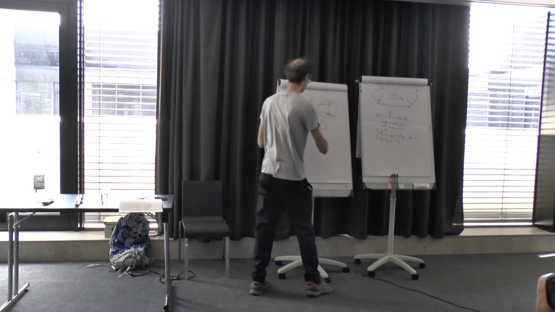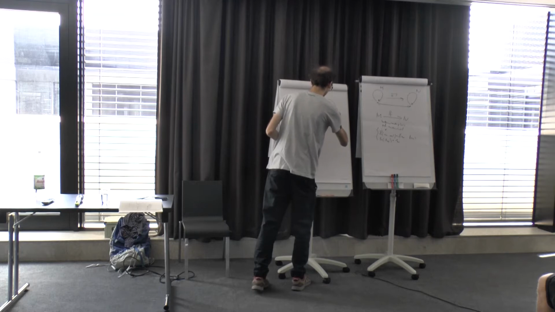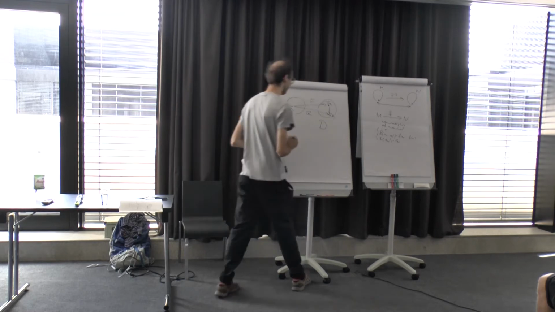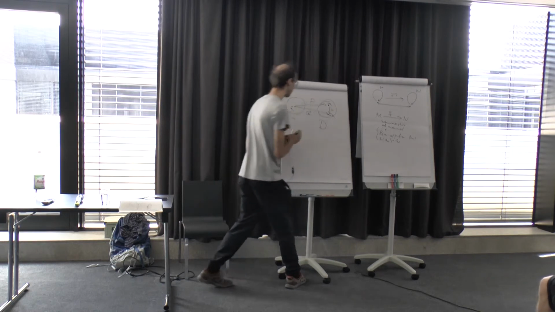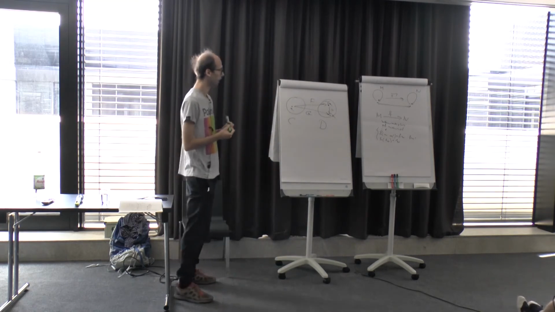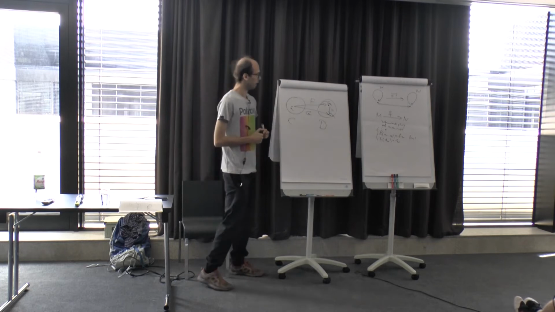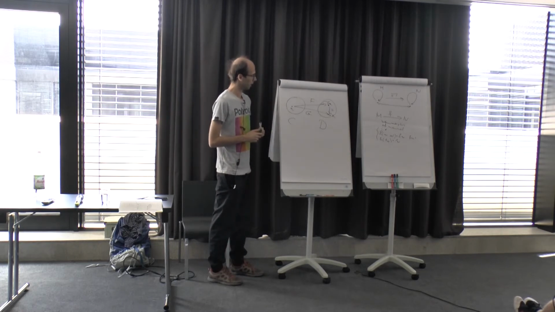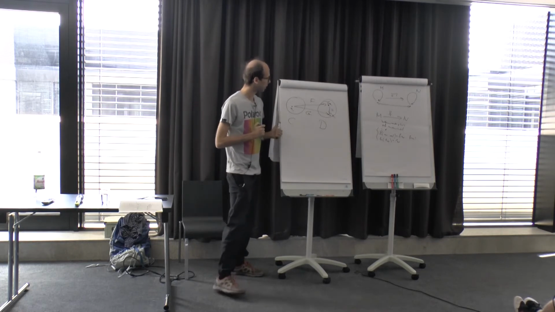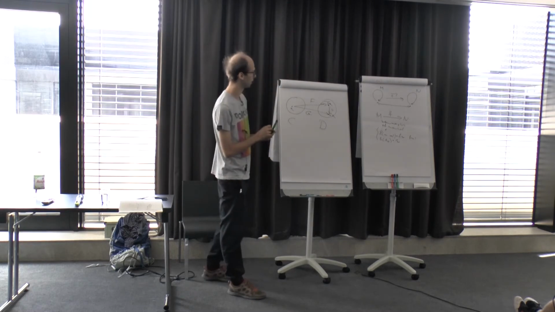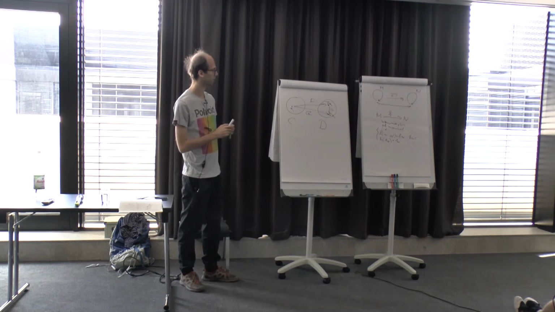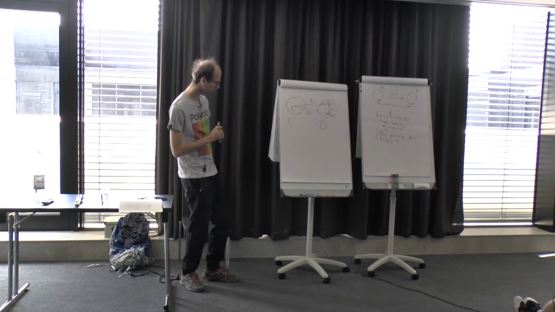Let's maybe use a color. Let's call it eta of A. And this turns out to be a very useful thing, requiring some conditions.